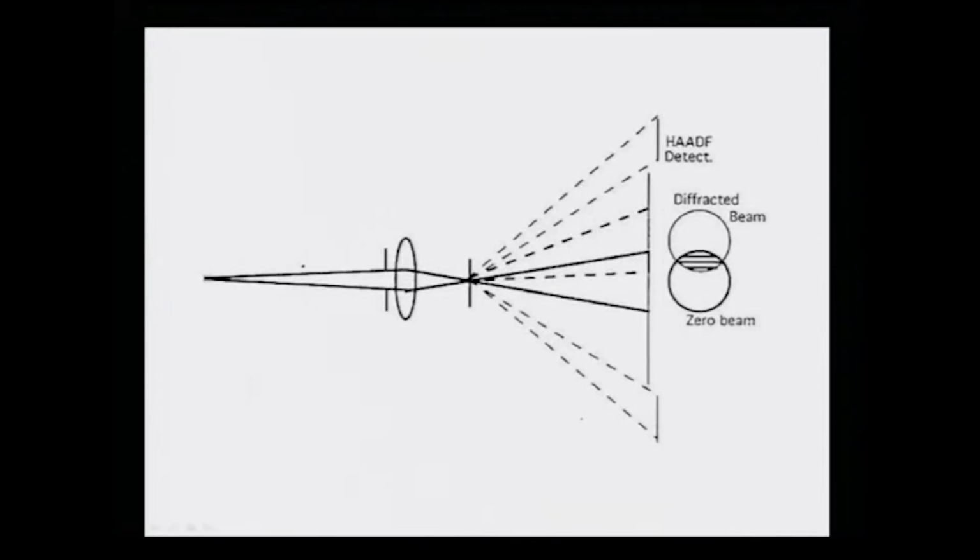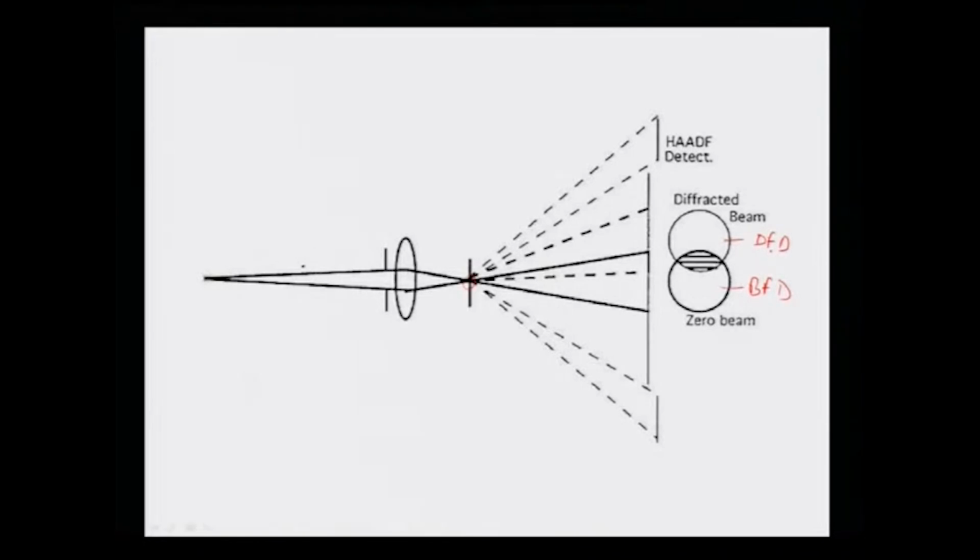As the beam falls on a specimen, one part of the beam gets diffracted. That is what this diffracted disc shown here is. The other part is called the zero beam, which is not undergoing any diffraction, the forward scattered beam. So, we can put a bright field detector there, and a dark field detector there, and obtain conventional bright field and dark field images.